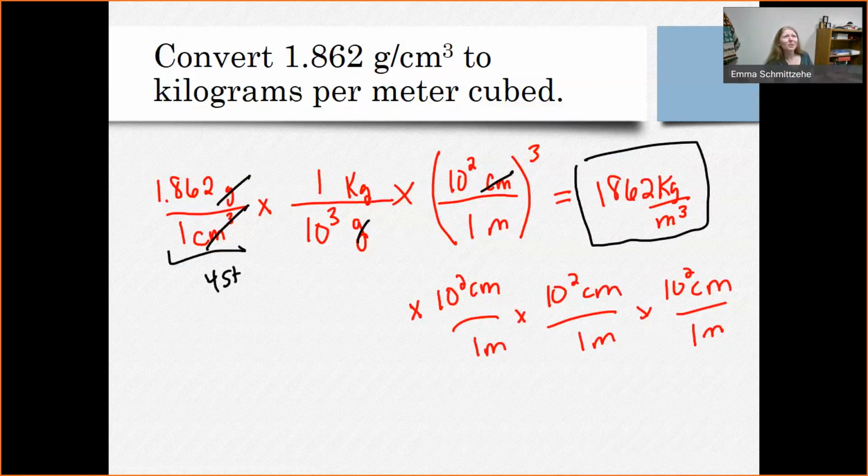Now, one other thing that sometimes trips people up is when you're dealing with metric prefixes, sometimes you'll want to convert from one prefix to another prefix. And your table of information about metric prefixes never tells you about that.